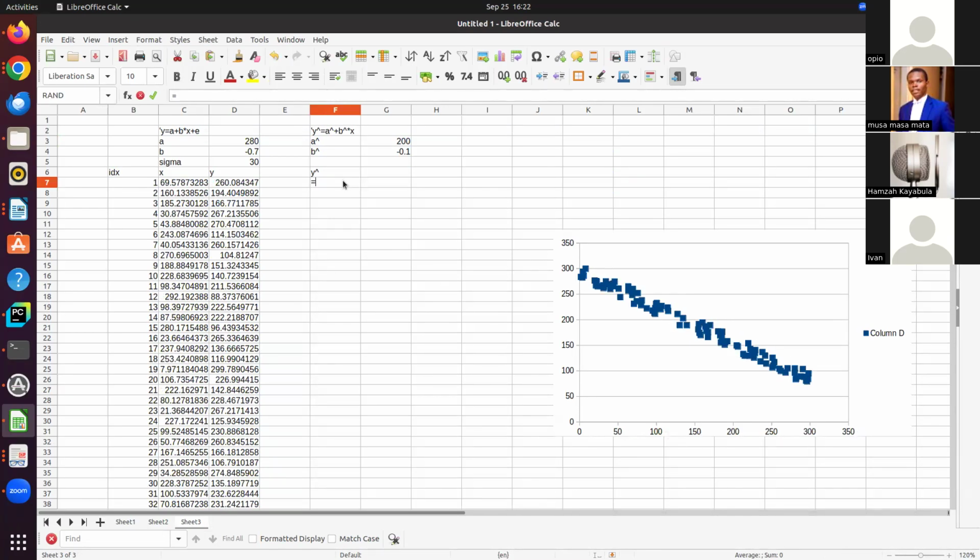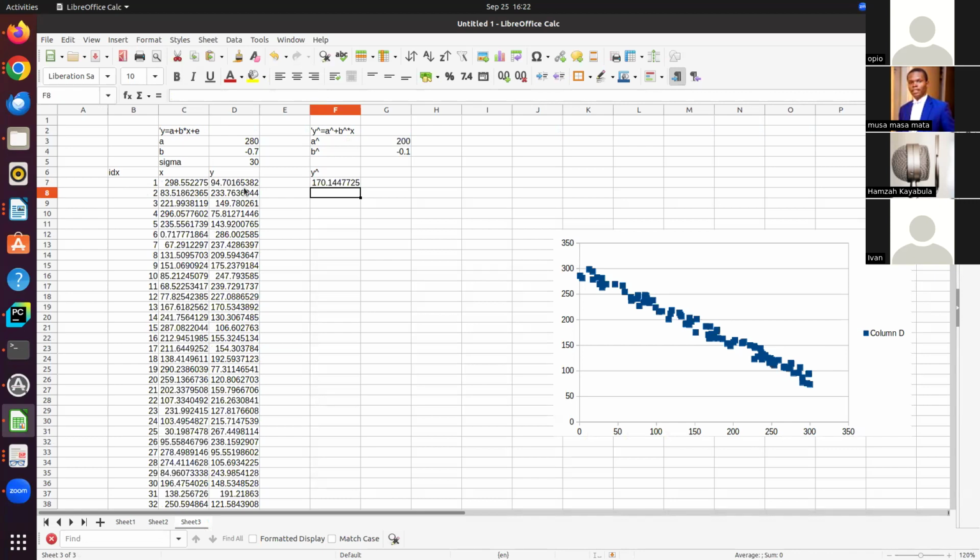I go here and do equals this a plus, let me make sure I fix it, and then I do the b and fix it, and then multiply it by this x. I'm getting a point.